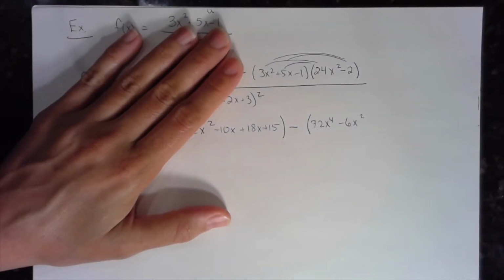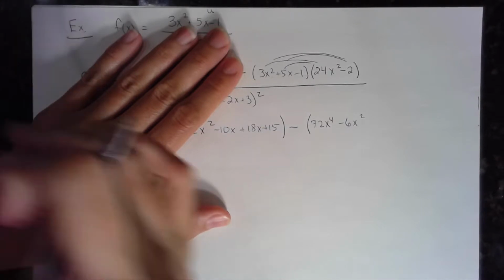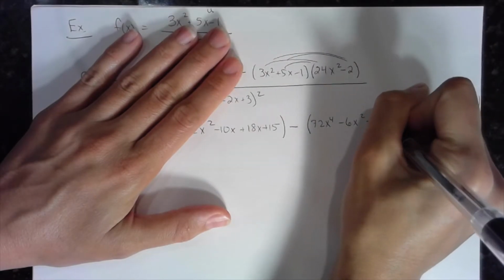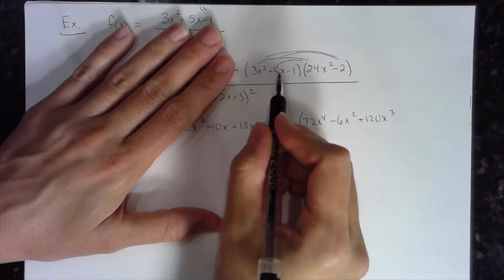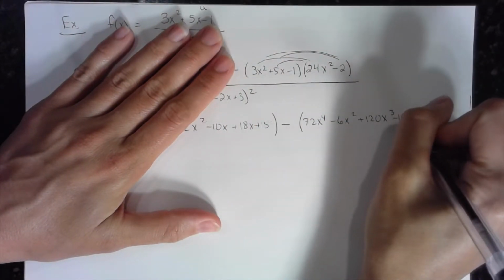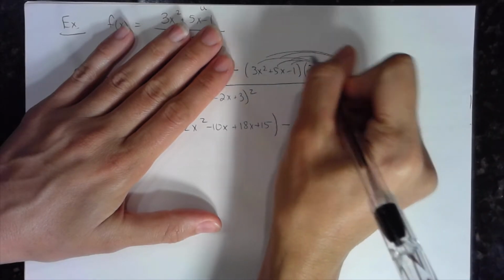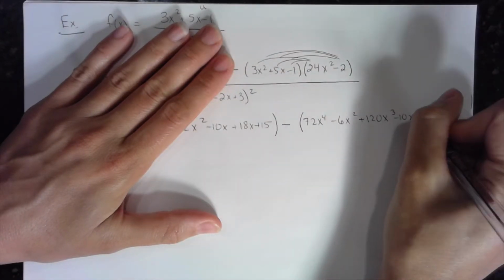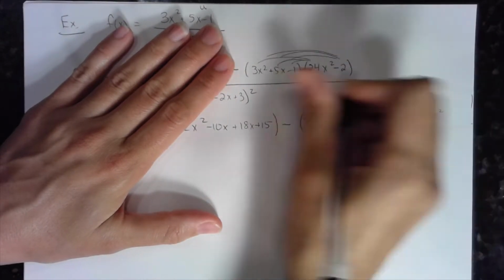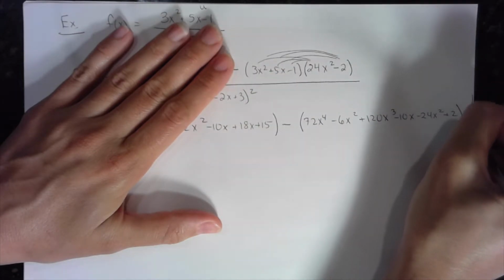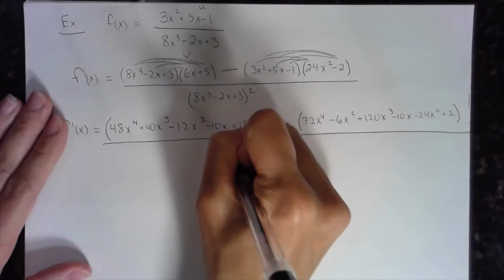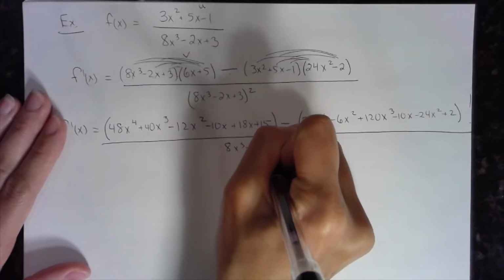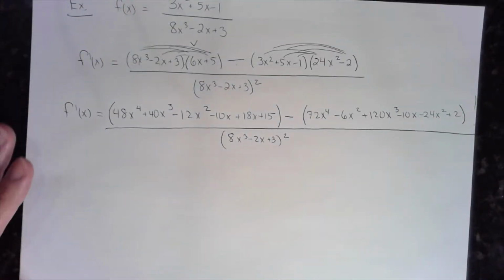So 5x times 24x squared is 120x to the third. Leave a little space here. 5x times negative 2 is negative 10x. And finally, that negative 1 is going to distribute. Negative 24x squared plus 2. All over 8x to the third minus 2x plus 3, the whole thing squared.